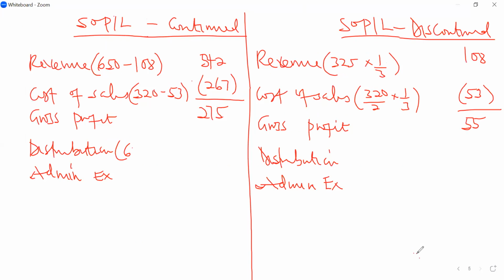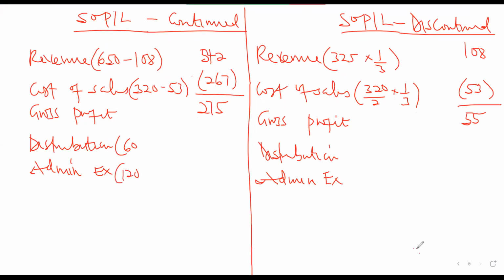We have 60 and 120. So we are going to be having 60 over 2 times 1/3, and 120 over 2 times 1/3. What are we getting? This will be 10, and this will be 20.